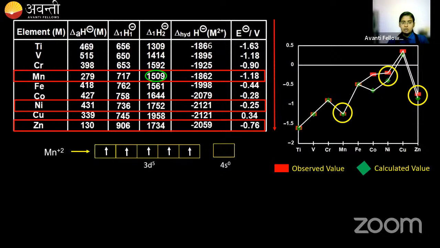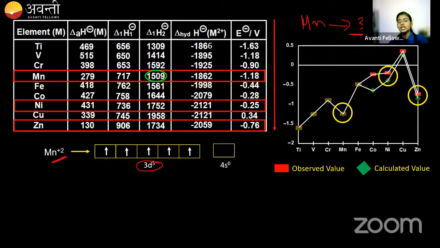Because if I remove the second electron, manganese will exist in the +2 oxidation state, and the configuration is 3d5. Manganese has a 3d5 4s2 configuration. If it loses these two electrons and exists in +2, it will have only 3d5, which is more stable.